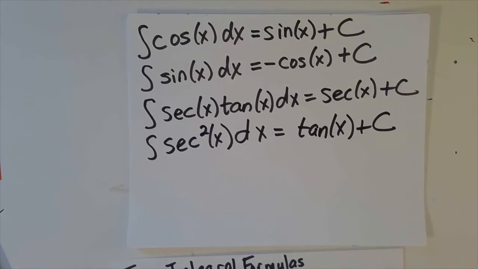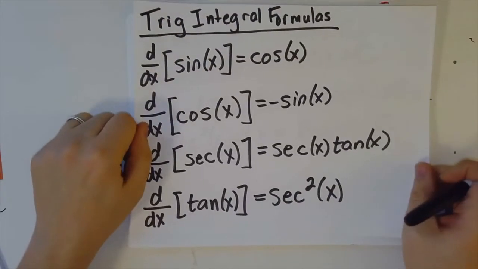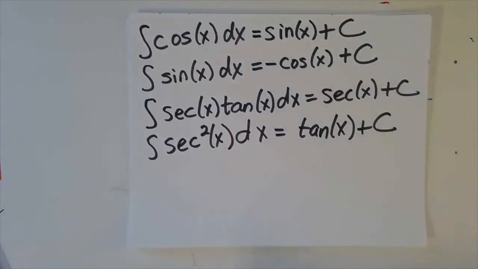Okay. And so, again, just not to put too fine a point on it, but just to say it one more time, every time someone gives you a derivative formula, they are also giving you an integral formula. All you have to do is swap around which thing is where, and then you'll have the analogous formula.